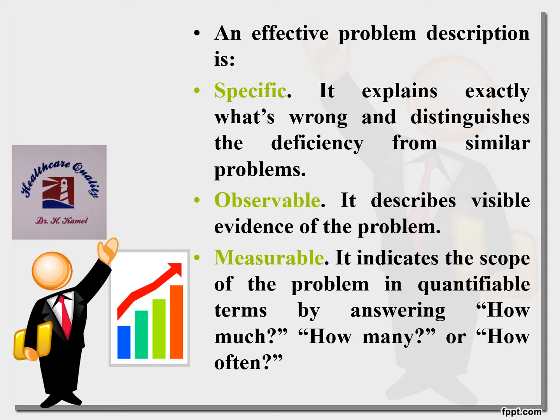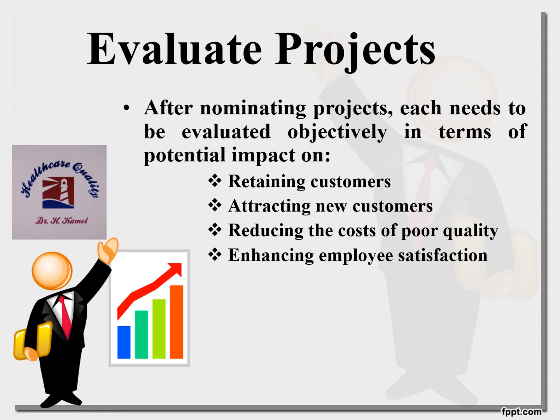An effective problem description is specific. It explains exactly what's wrong and distinguishes the deficiency from similar problems. Observable. It describes visible evidence of the problem. Measurable. It indicates the scope of the problem in quantifiable terms by answering how much, how many, or how often. Evaluating projects.